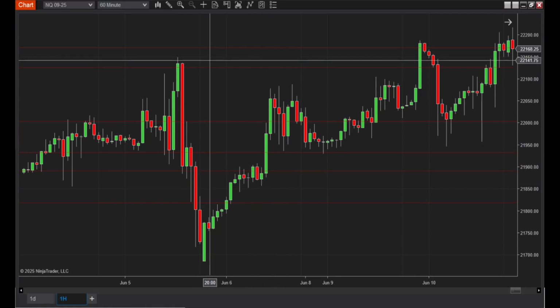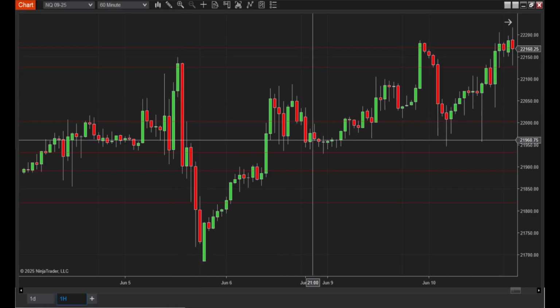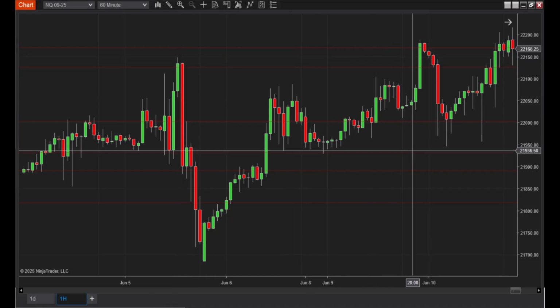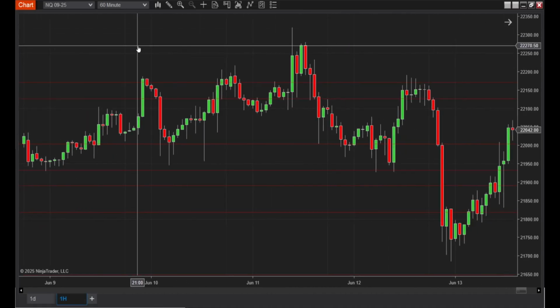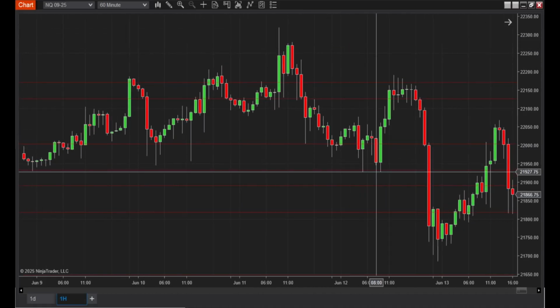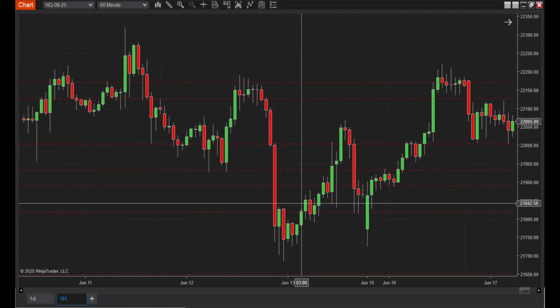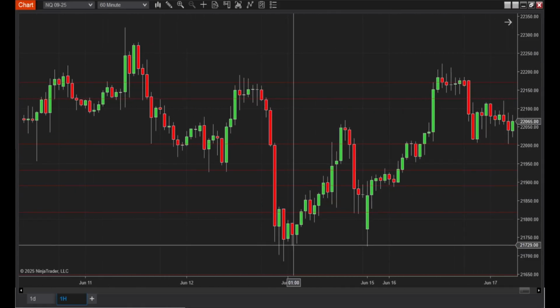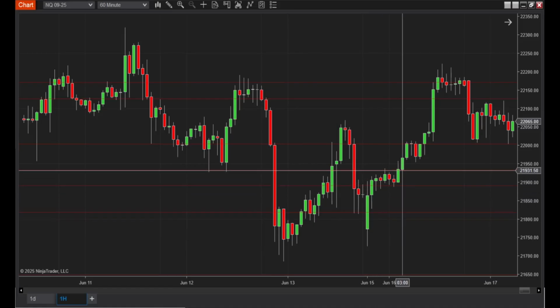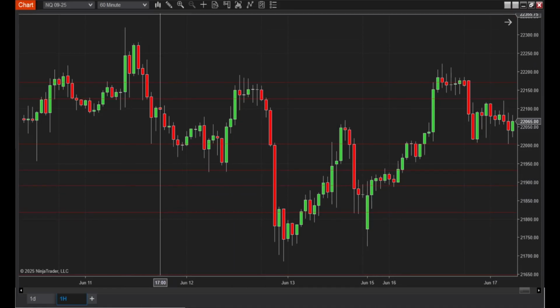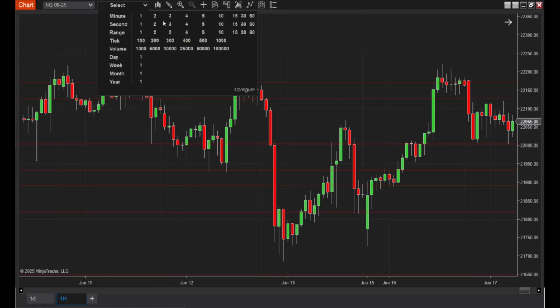There might have been another one here, but you can see right here it hit, right down here it hit, came back down, came back down again, came back up. Might have been another one down in this area. You can see it as we're going through here. Let's take this 60-minute.